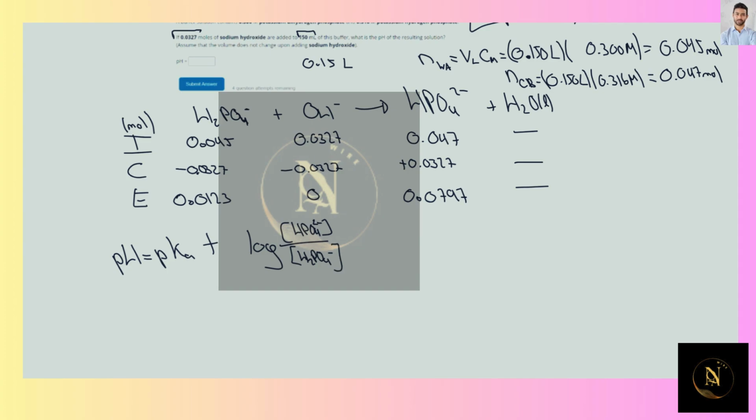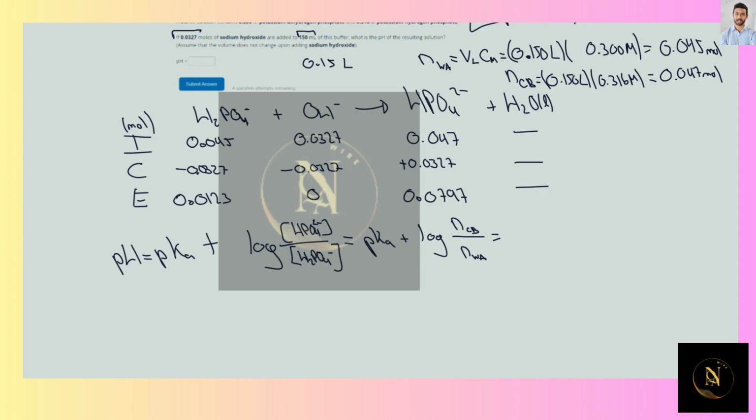Since the total volume is going to be the same, we can write down this equation directly in terms of the amount of mole of the conjugate base divided by the amount of mole of the weak acid. This is because the total volume of the solution stays the same. They're going to cancel out when we do the division, so we don't need to calculate the concentrations.